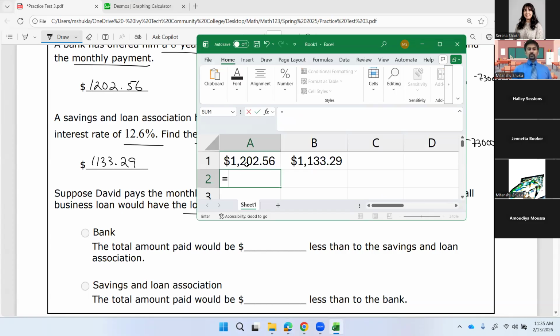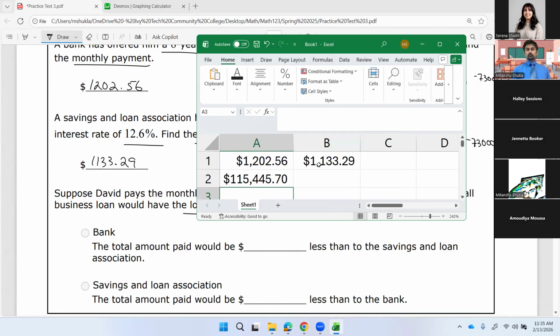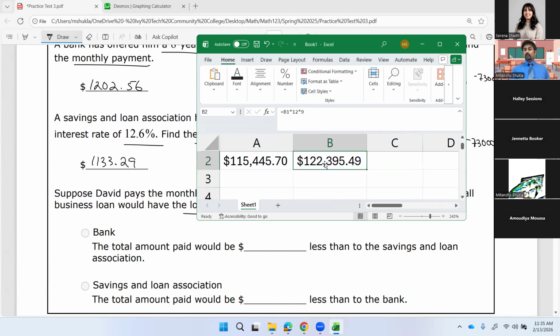So this is this monthly payment times 12, because I do that 12 times a year, and this loan time is 8 years. Okay, so I end up paying $115,000 here. Now, here, I'll take my monthly payment multiplied by 12, and I did this one for 9 years. This one is $122,000. So which loan was better?